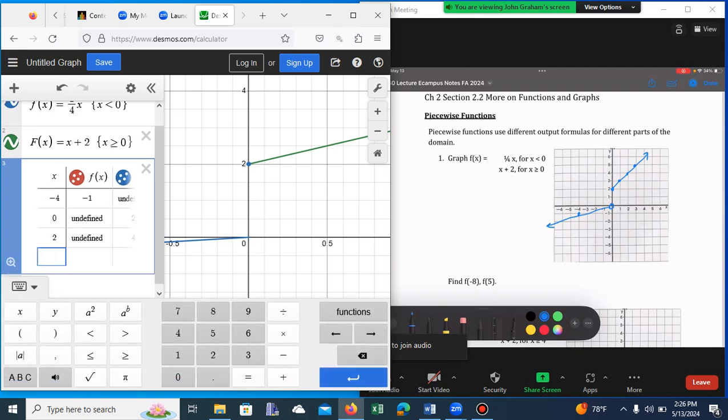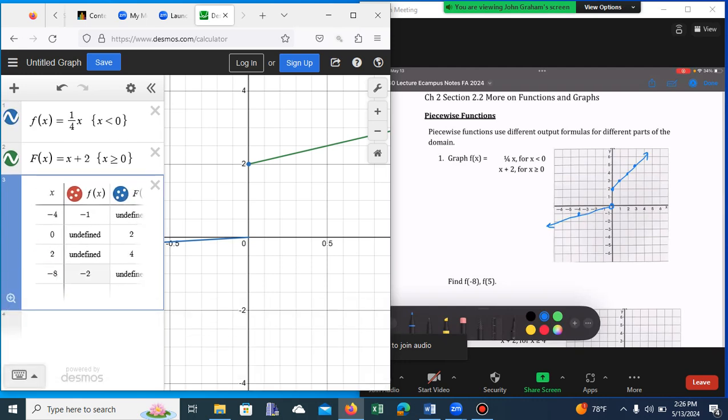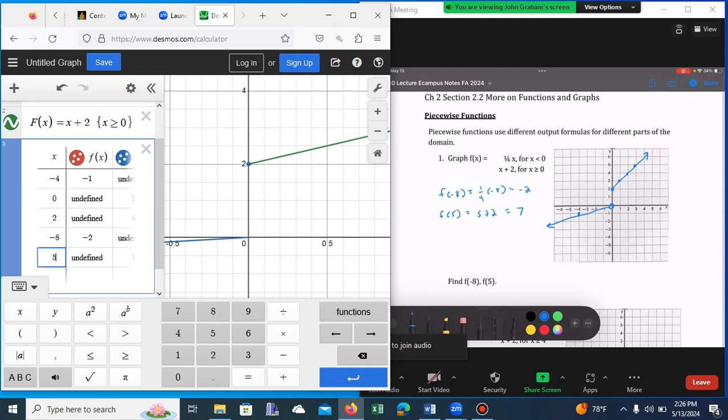So if we want to find f of -8, it's only going to be for the 1/4 x. So f of -8, 1/4 times -8, is going to give us -2. That's one point on this, off the graph. For f of 5, you use the x plus 2, which is going to give you 7. I'll plug in 5, I'll get 7.